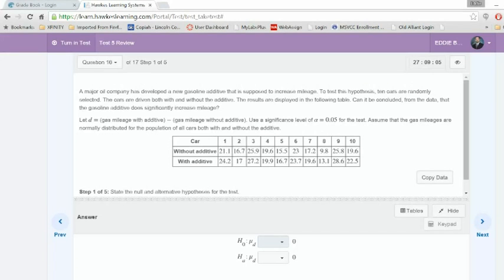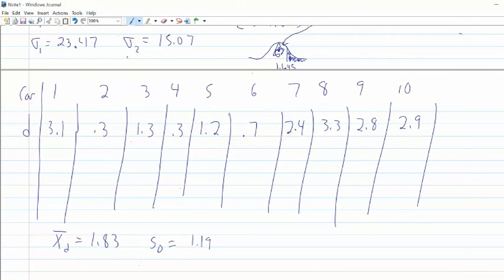All right, going back to the problem. Well, step 1 was to do the null and alternate hypothesis. I was just showing you how to find some of the other stuff we're going to need down the road. The null and alternate hypothesis are about mean changes, or we're about gas mileage.